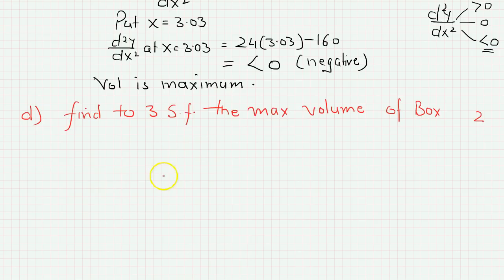Now the last part is to find, to three significant figures, the maximum volume of the box. This question is 2 marks. To find the maximum volume of the box, let's find out the value of V. So the equation of V is 4x cubed minus 80x squared plus 375.